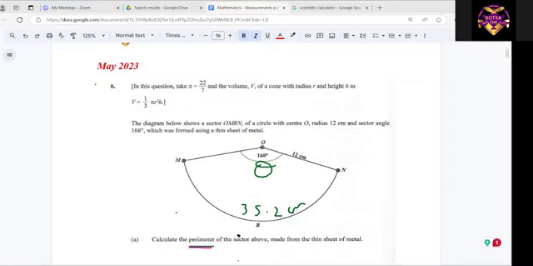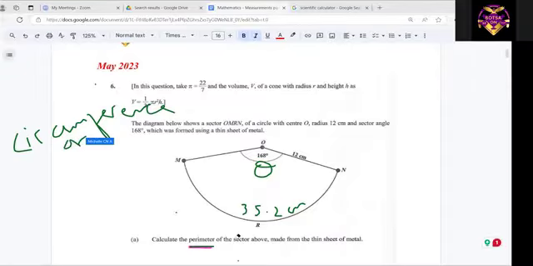Right, so perimeter. When they ask you to find the perimeter of a shape, sometimes they tell you find the circumference. Normally you would see circumference in a circle, right? But since it's part of a circle, you might see circumference or perimeter. They're the same thing.